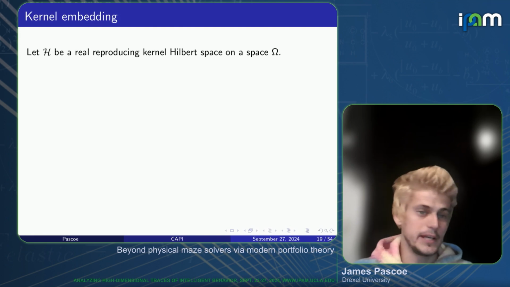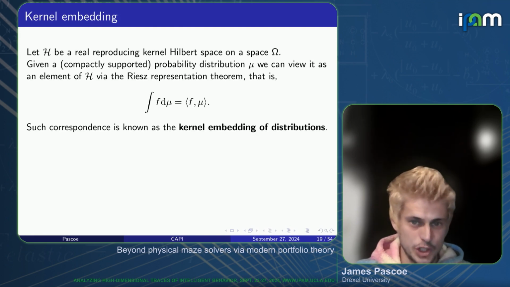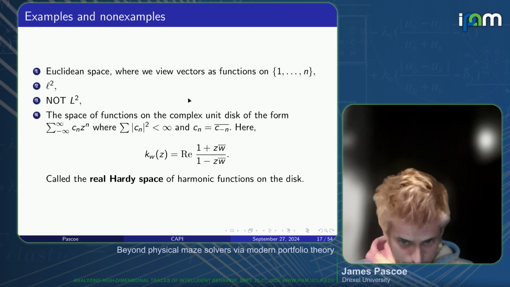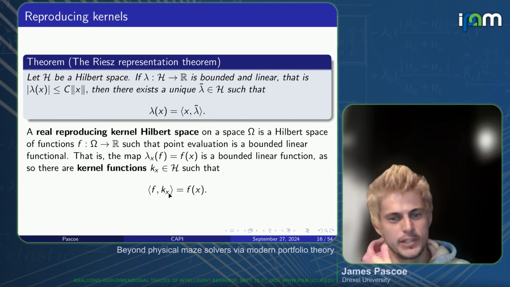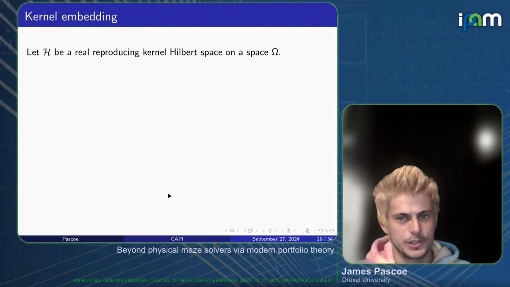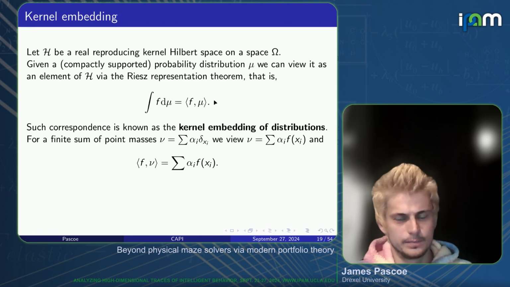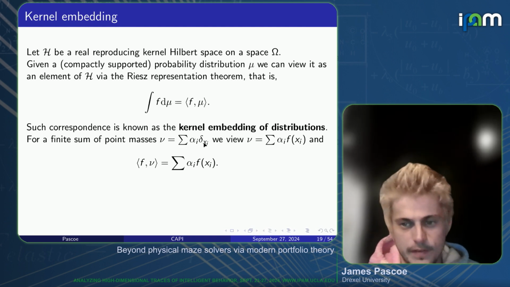So there's the kernel embedding trick. If I have a reproducing kernel Hilbert space H, we said that for each point I have some point evaluation functionals. Then I can take convex combinations of those to get things that correspond to a measure supported at, say, finitely many points.